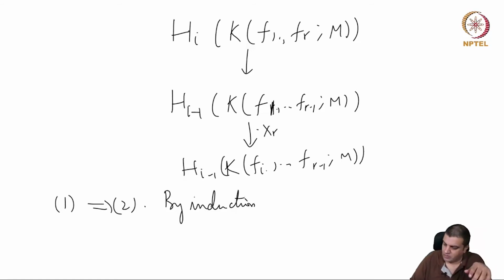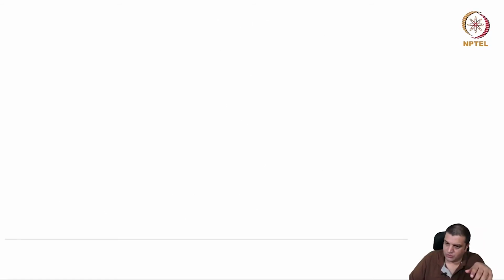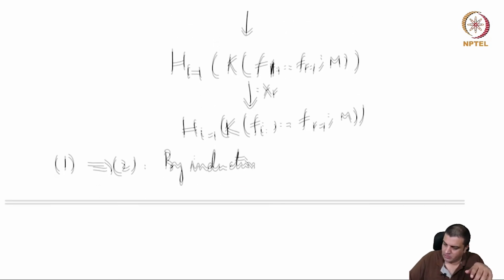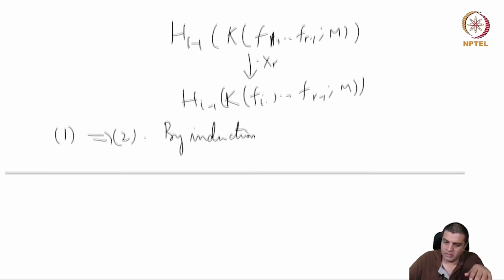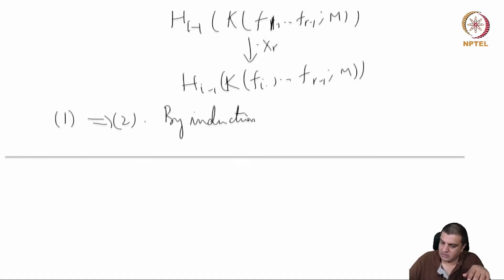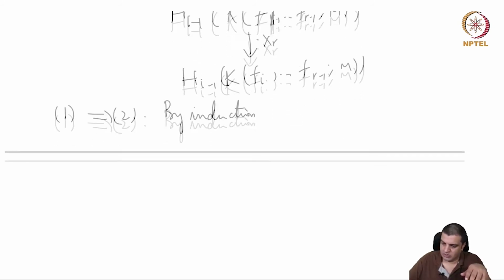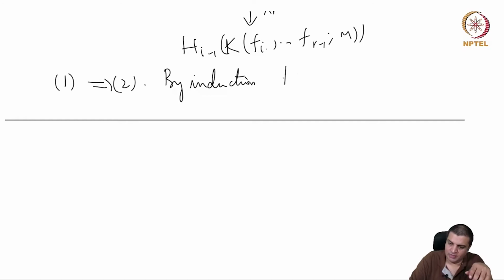One has to consider two cases separately, because after Hi of K comes Hi minus 1; if i is 1, this is H0, and that doesn't vanish. By induction we can assume that Hi of K of F1 through Fr minus 1 on M is 0 for all i different from 0.